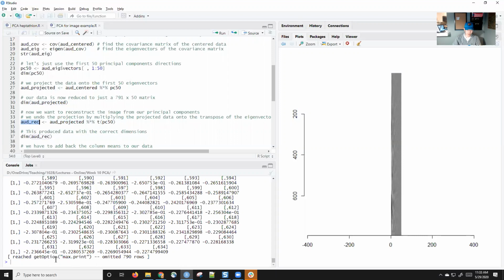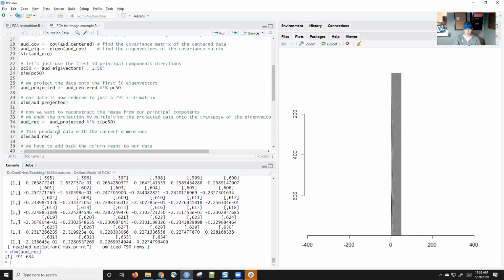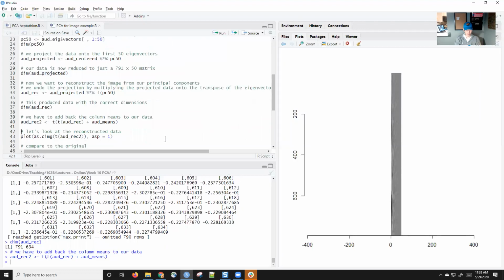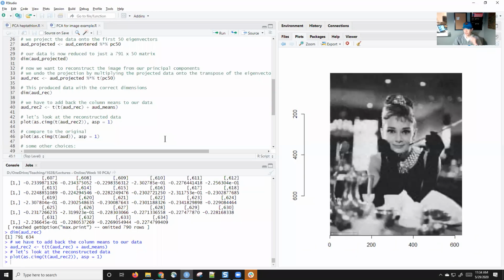The recovered image will be 791 by 634. Now that I've recovered it, I can add the means back and plot it. This is the image I get after projecting it back from 50 columns to 634 columns.